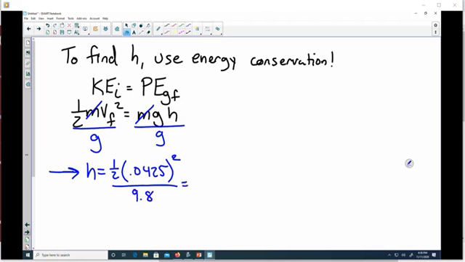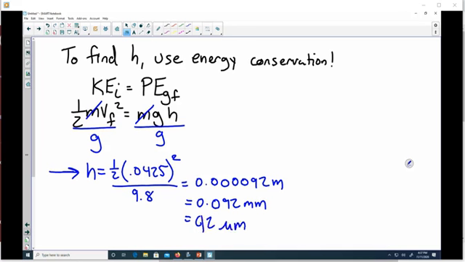So we find the height of the top of the swing, 0.000092 meters, or 0.092 millimeters, or 92 micrometers. So a very, very small amount of height. And this is due to the extreme difference between the block of wood and the size of the bullet.